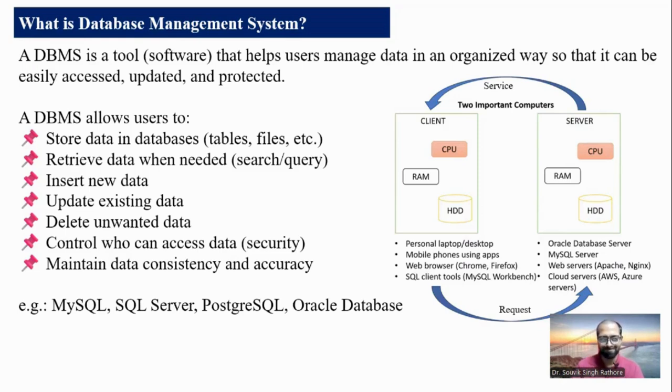What is a software? So DBMS is simply a computer program. Just like Microsoft Word helps us manage our documents, just like VLC helps us play the videos, DBMS helps us manage the data. That's it. So what does manage data mean?